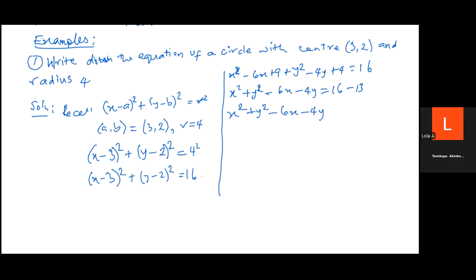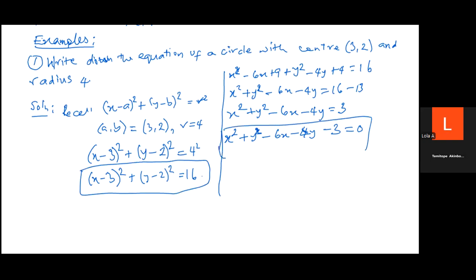So in expanded form, I will have x² + y² − 6x − 4y − 3 = 0. So this and this, they are the same. This one is completed form, while this is expanded form. Is that clear? Yes, sir.